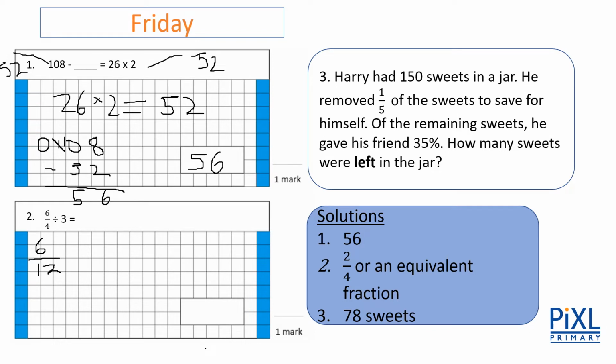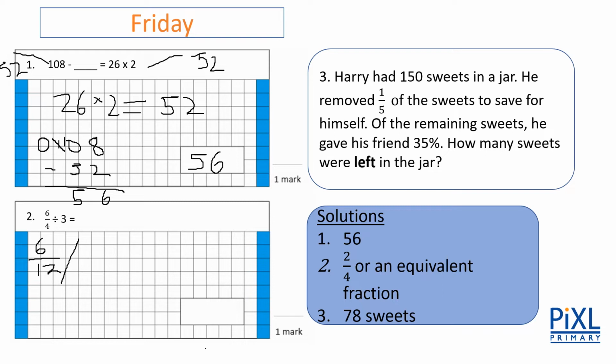Now, I'm going to simplify that because I can think of quite a few common factors that I can divide those numbers by. I'm going to go down and divide each one rather than find my highest common factor, because the answer says I can have 2 quarters or an equivalent fraction. So let's think.